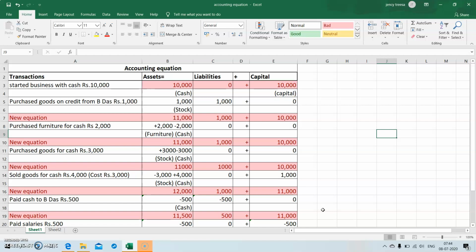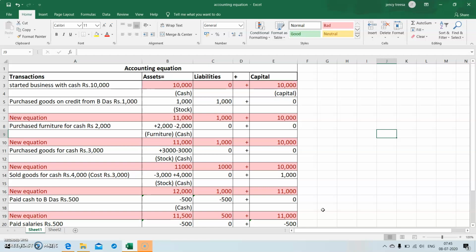Paid cash to B Das, rupees 500. So refer back to who B Das is. B Das is the person from whom you have purchased goods. You have purchased goods worth 1,000 from him, but now you are paying only 500. So what will happen to cash? Cash will decrease, so under assets minus 500.